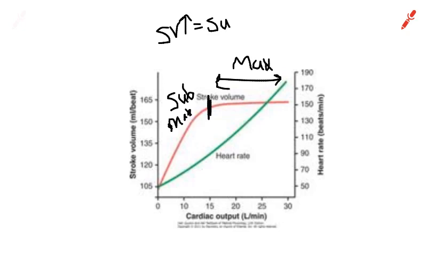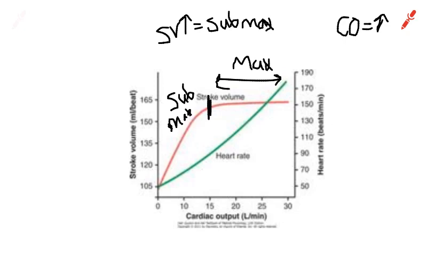When you first start exercising, before you reach submax, which is usually 50% or 60% of your VO2, or 40% to 60%, it depends what number he says, but submax is around 50% of your VO2. Before you reach submax, your stroke volume contributes to the greatest increase in your cardiac output, because your cardiac output increases regardless during exercise, but your stroke volume increases much more than your heart rate.